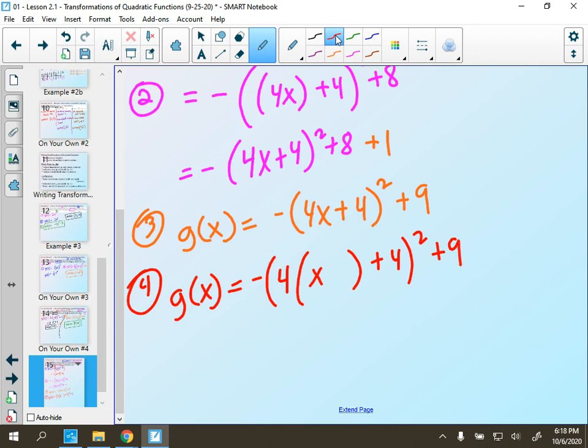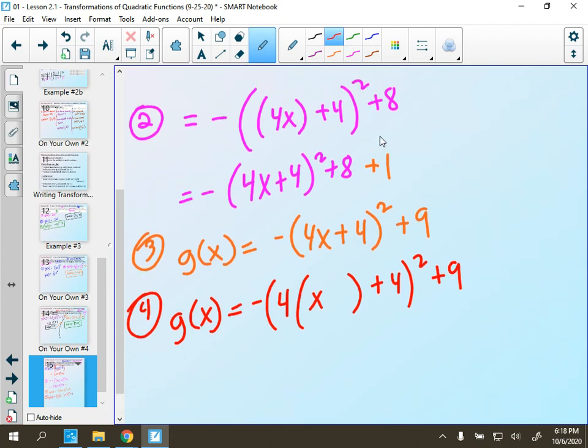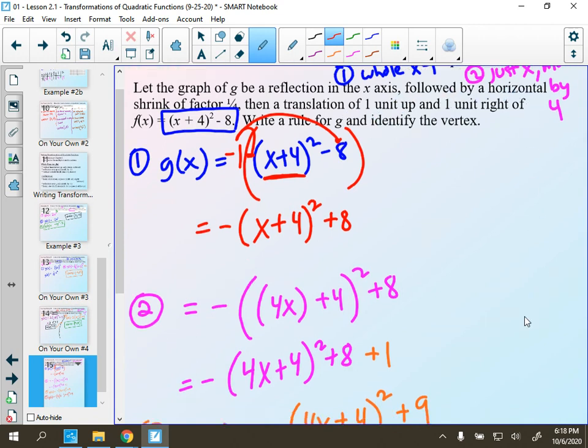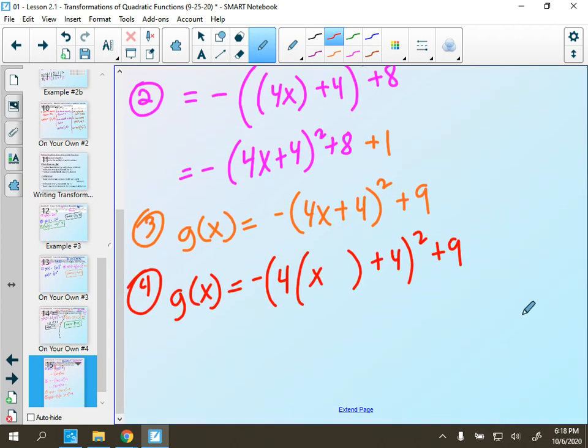And from the x, 1 unit right means I need to actually subtract 1 from the x. Holy cow, that's messy. I don't like these double parentheses.